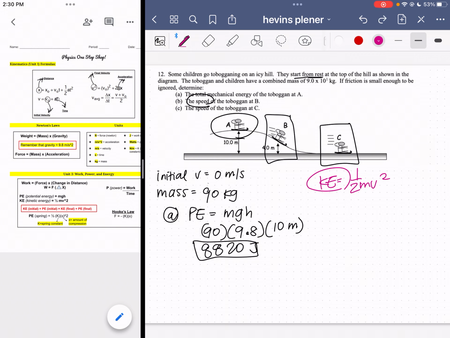But how do we find our kinetic energy? So, let me think. I did this on Friday, and now I'm drawing a blank.